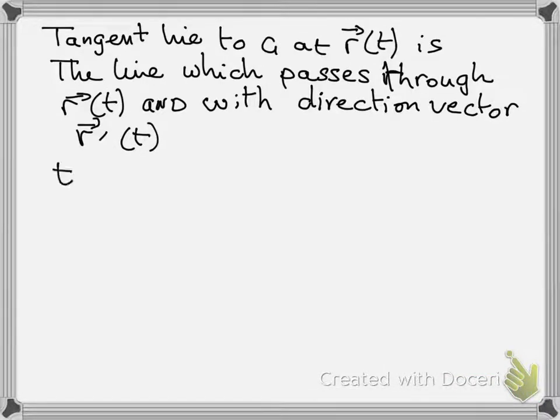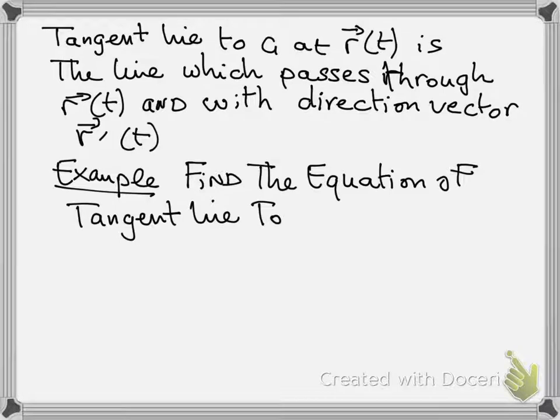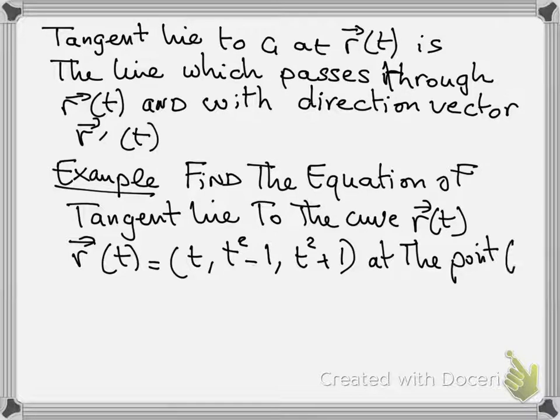So let's do a numerical example here. Let's say find the equation of the tangent line to the curve r of t, where r of t is equal to t squared minus 1 and t squared plus 1, at the point 0, negative 1, positive 1.